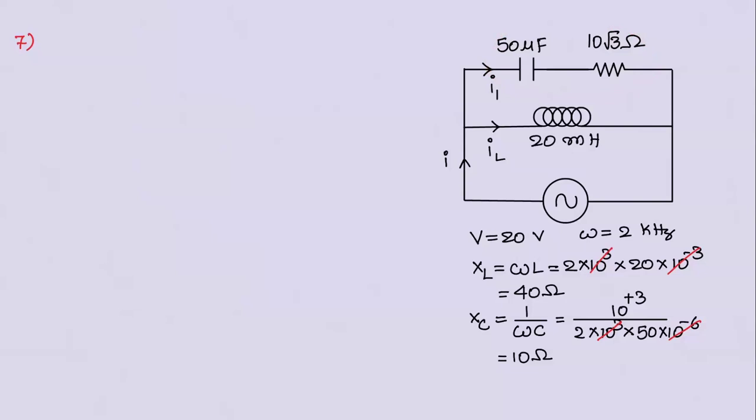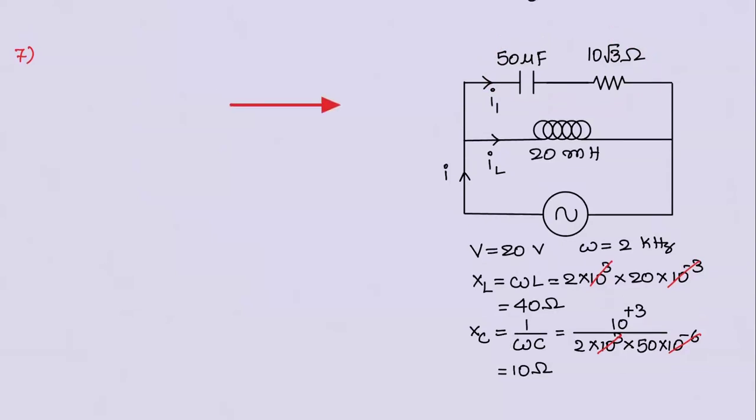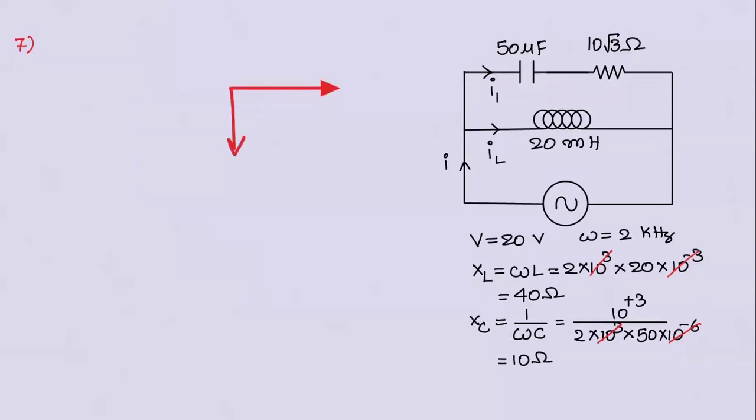In case of series, voltage across resistance will be VR and capacitor. Capacitor means voltage will be like this, right? Lagging. And current will be like this. Obviously current, right?